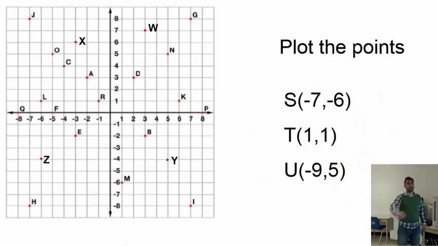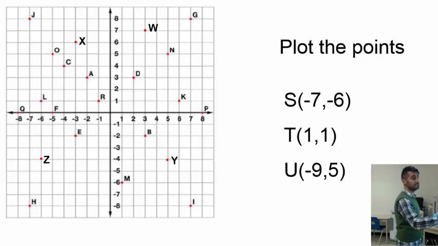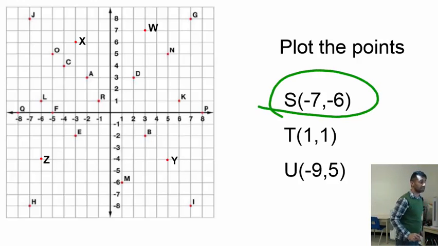And the last example, plot the points. We did this before at the beginning, but now we already have the points all over the Cartesian plane. We just cannot see the S, T, and U. We're going to insert that here. So S is at -7 first. -7 is here.